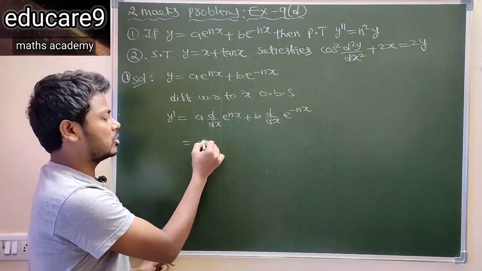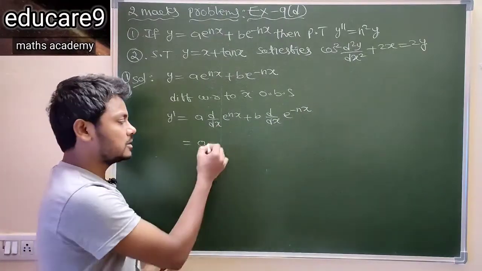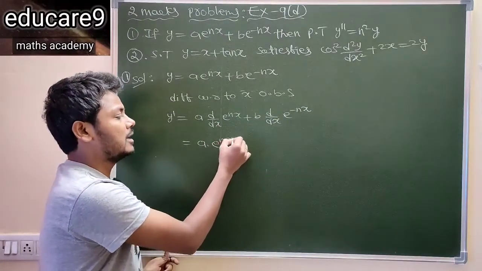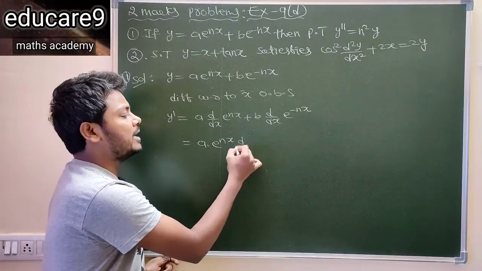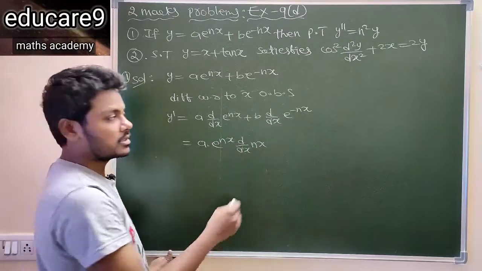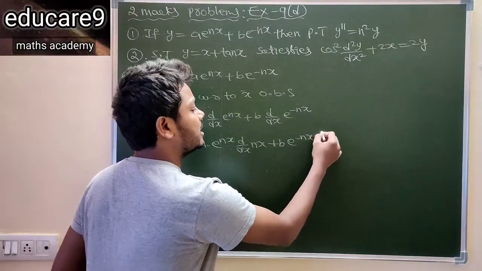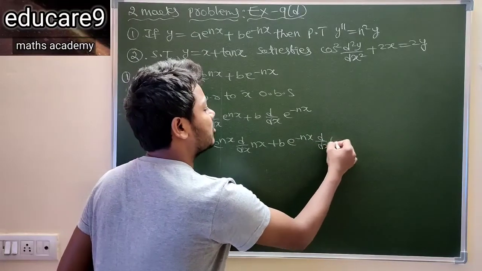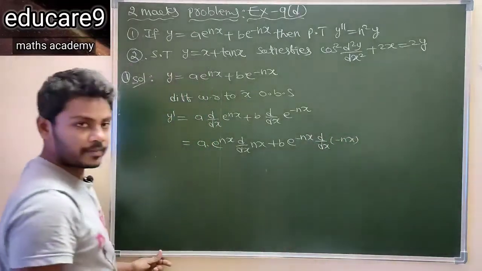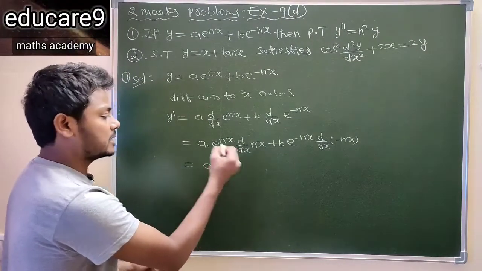Now this is equal to a into the derivative of e power nx, that is e power nx, and d by dx of nx, the internal derivative of nx, and this is b into e power minus nx, d by dx of minus nx.